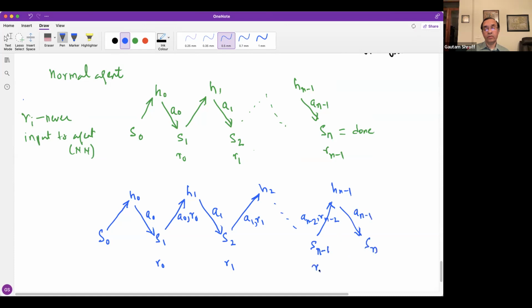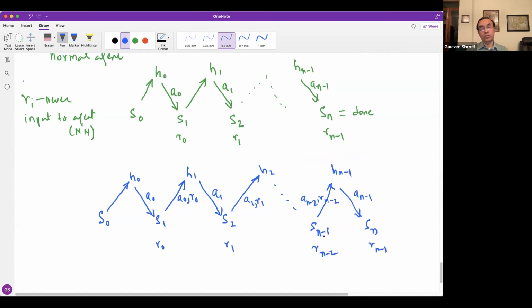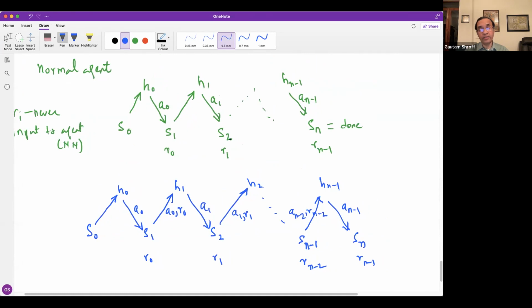So it looks exactly the same, except that you're passing these rewards in along with the previous action. So the network now has enough information to learn about what rewards were actually coming.